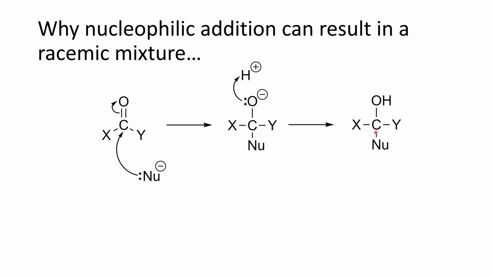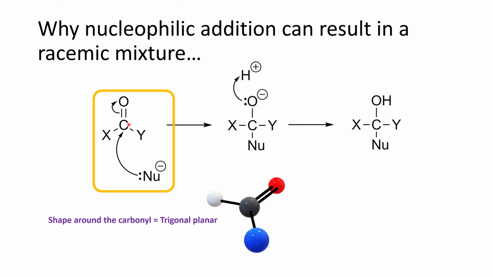The reason for the racemic mixture is all about this carbonyl group here. And it's important that you know that a carbonyl group has a trigonal planar structure. I've shown it rotated and in 3D here. You can imagine this as a flat plane where this atom here, this atom here, this atom here, and this atom here all exist on a flat plane.